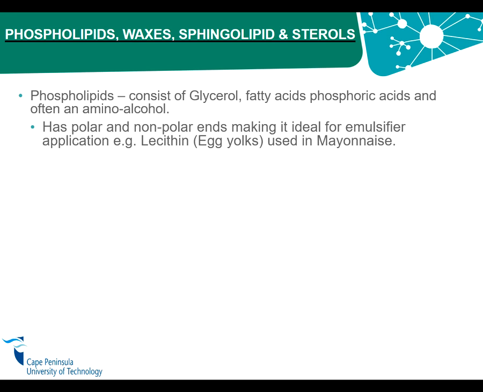As I've said, it has polar and non-polar ends, making it ideal for an emulsifier application. For example, lecithin, which is found in egg yolks but can also be used in chocolate and salad dressings, helps to hold the polar and non-polar components together.